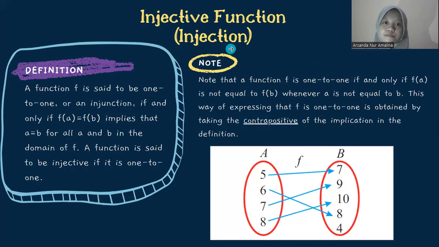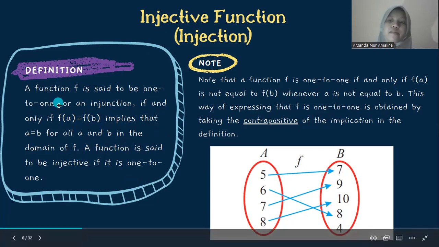Next, in the injective function, this is the definition. A function f is said to be one-to-one, or an injection, if and only if f of a equal to f of b implies that a equal to b for all a and b in the domain of f.